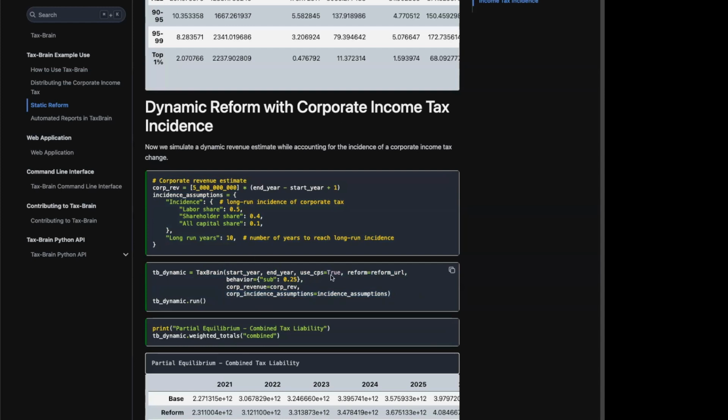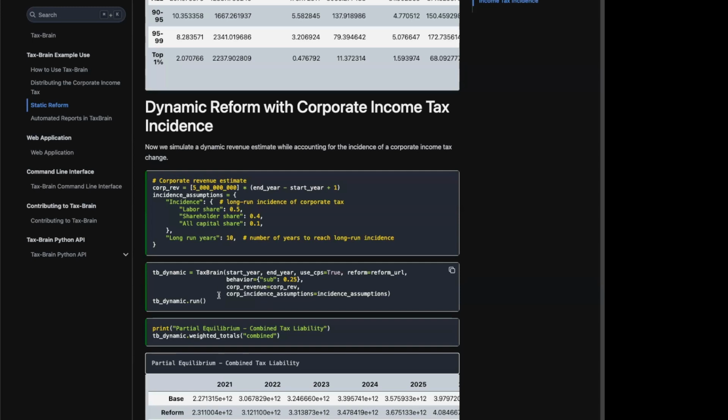We're using the same arguments in terms of what data we're using, what the individual income tax reform we're looking at looks like, what kind of behavioral assumptions we're assuming. We've just added these two arguments, corporate revenue and the corporate incidence assumptions. Once we've instantiated that TaxBrain object, we use the run method, and that's going to produce a number of results.